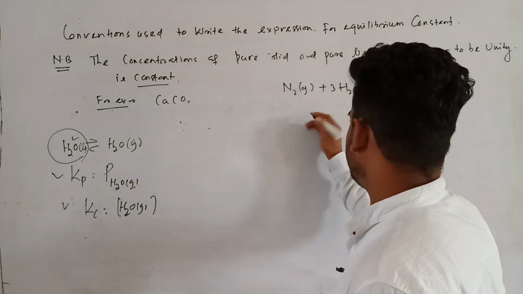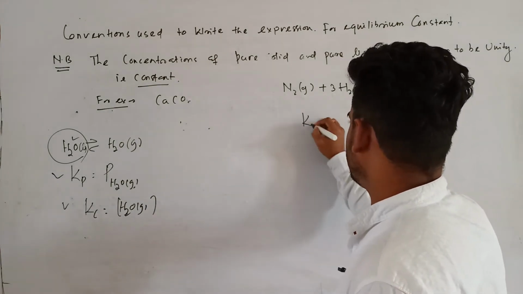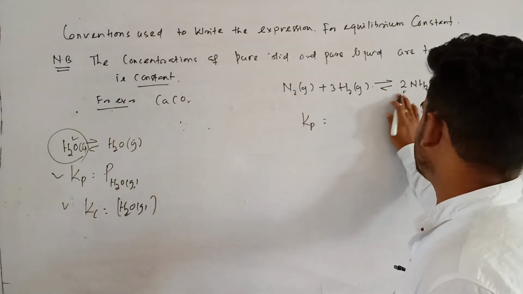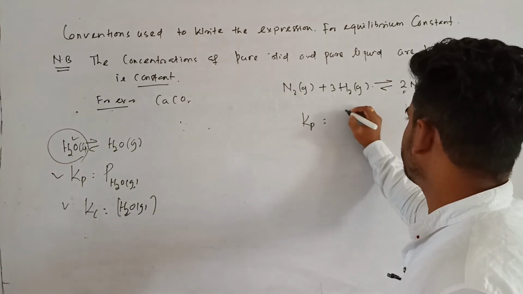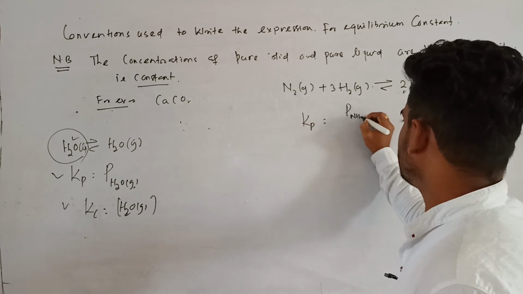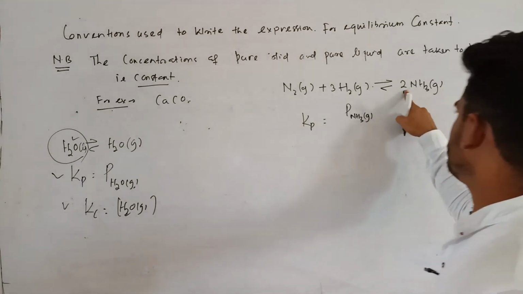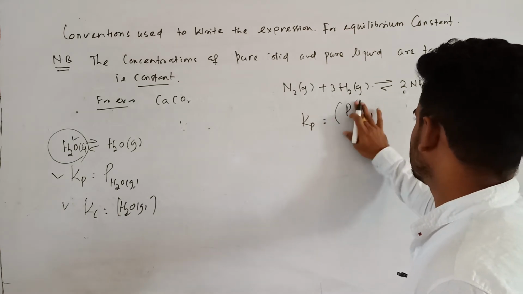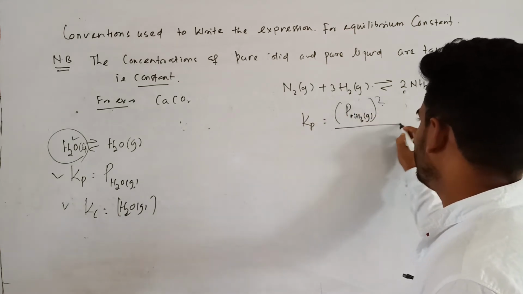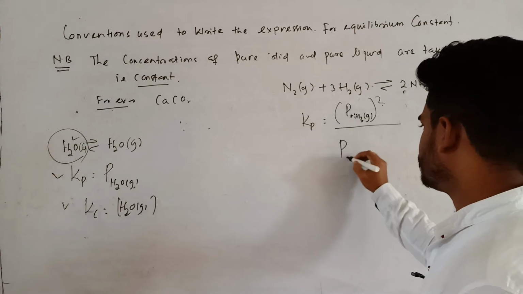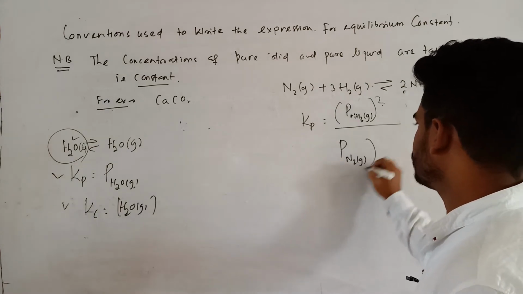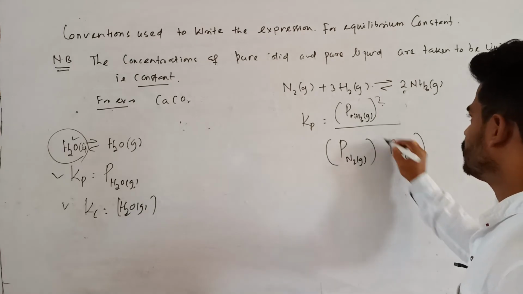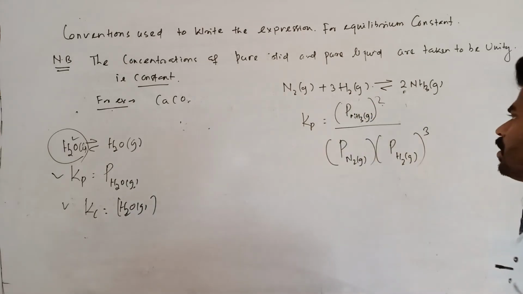So if I write for this equation, I can represent it in a better way, that is Kp, which will be equal to partial pressure of NH3 to the power 2, its stoichiometric coefficient, divided by partial pressure of N2 gas into partial pressure of H2 gas to the power, its stoichiometric coefficient, 3.